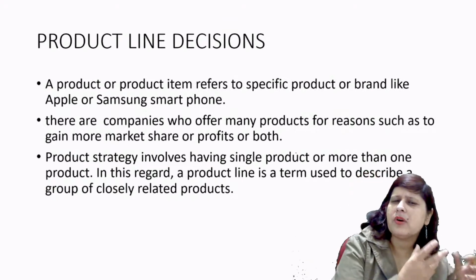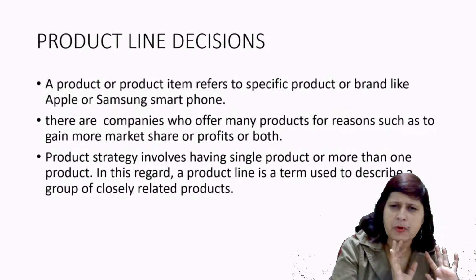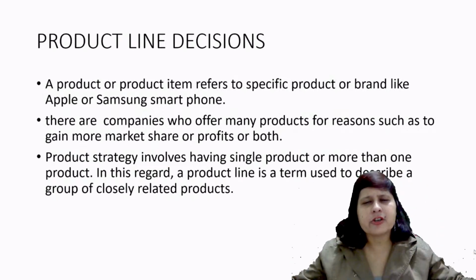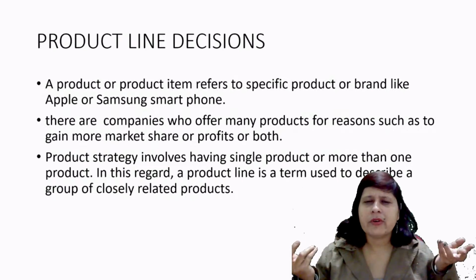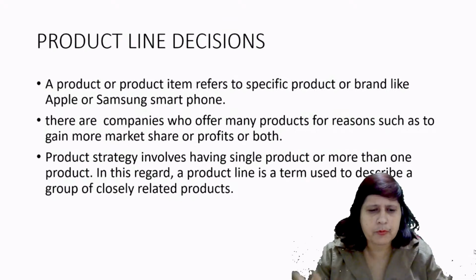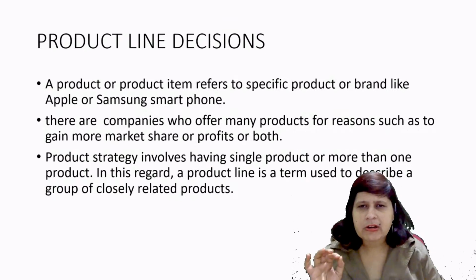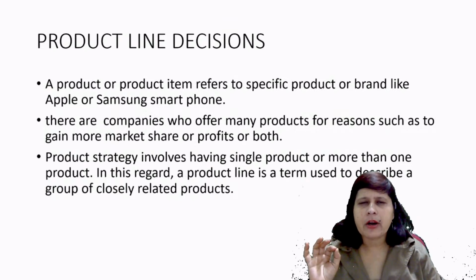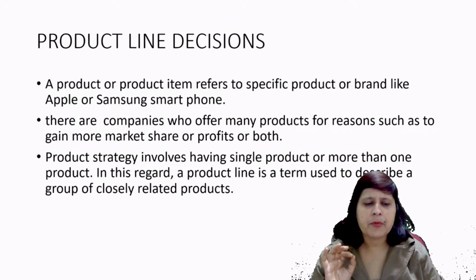We offer this product, but there are certain companies who offer more than one product. Why do they offer more products? To gain market share, to earn more profits, or both. Product strategy involves having a single product or more than one product.